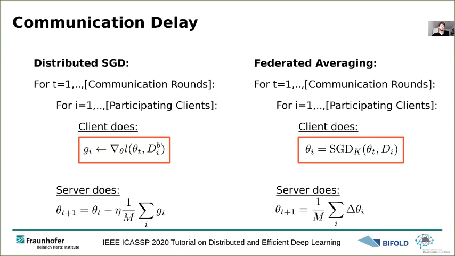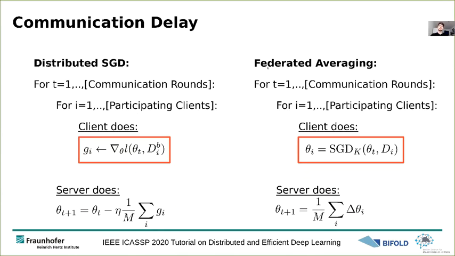We compute a gradient of the current model with respect to a batch of data on the respective client. And then we send this up to the server, and the server accumulates everything by an averaging operation. So this is, from a mathematical standpoint, completely equivalent to centralized training, but doesn't require data to be sent around. But of course, very inefficient.